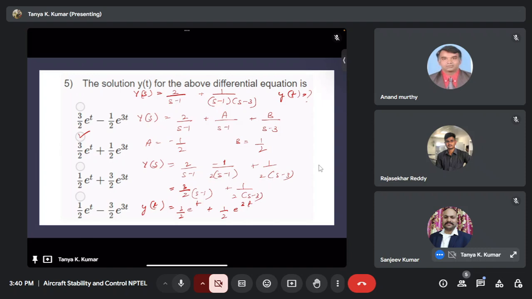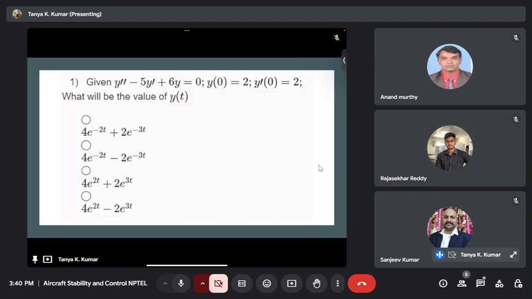Alright. So now let's go to the next question. This is just something similar to what we have done before. Since we have already done this, it should be easy to find. So if the equation is y double dash is minus 5y dash plus 6y and you have two sets of initial conditions, what will be y of t, the solution of this differential equation?